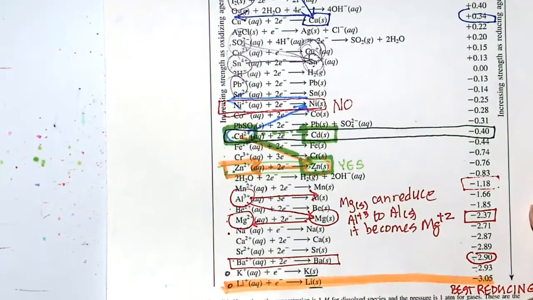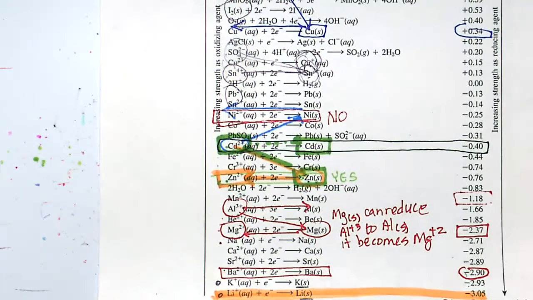So this is confusing, okay? This is the best reducing agent. So the reducing agent is the agent that becomes oxidized. Okay. It's very good at becoming oxidized.